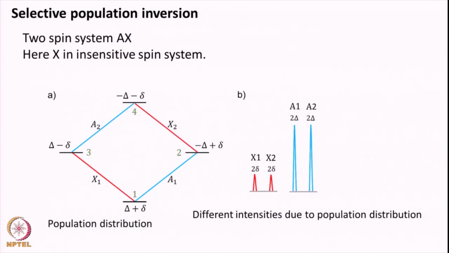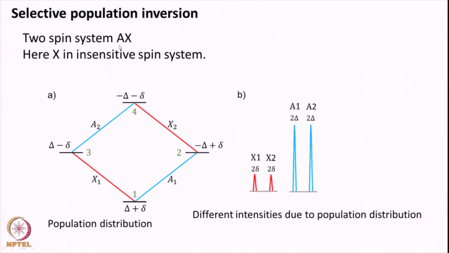Now, let us move to the interesting concept of selective population inversion and how we can enhance the signal of one of the spins by doing this. Here, these 2 spins that we are considering have different gamma. They are not both proton, but can be carbon and proton or nitrogen and proton.